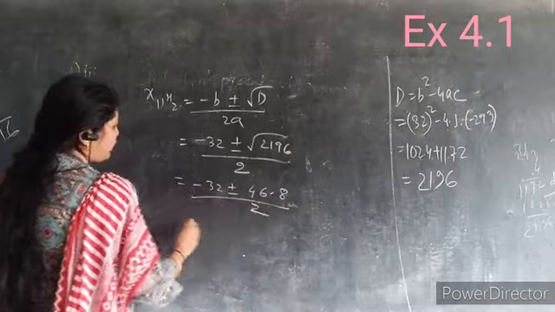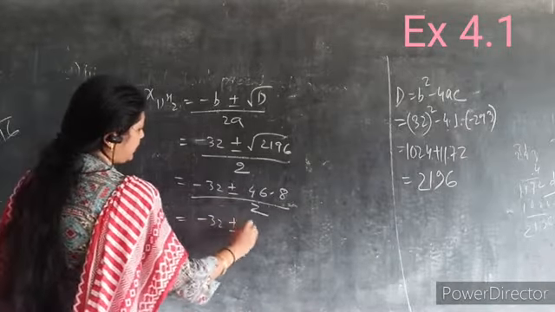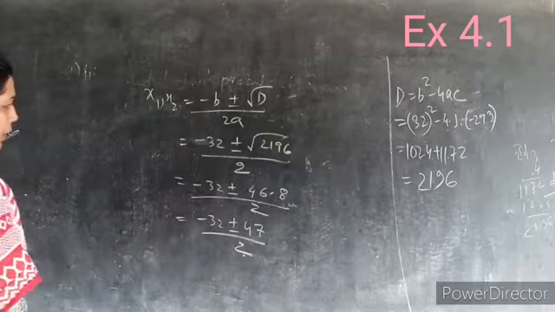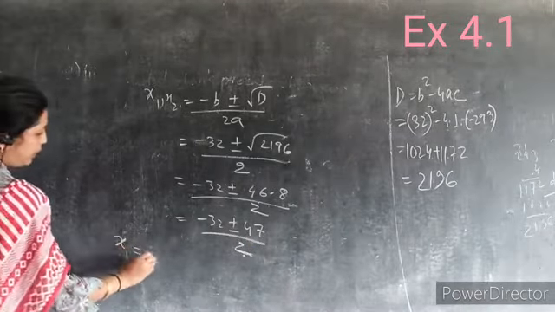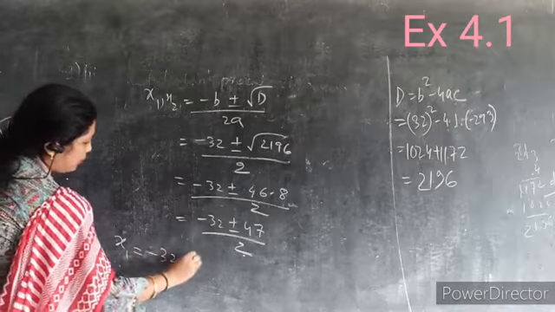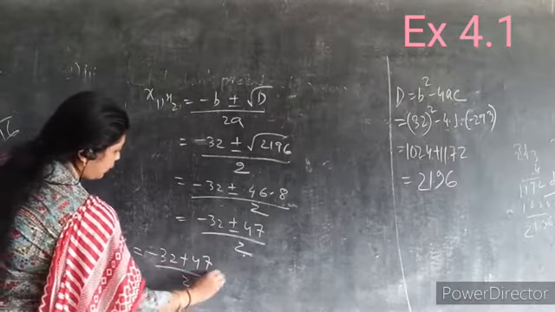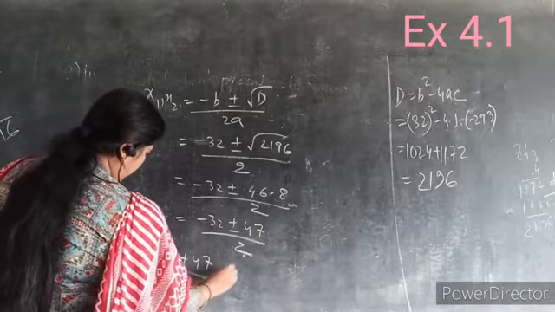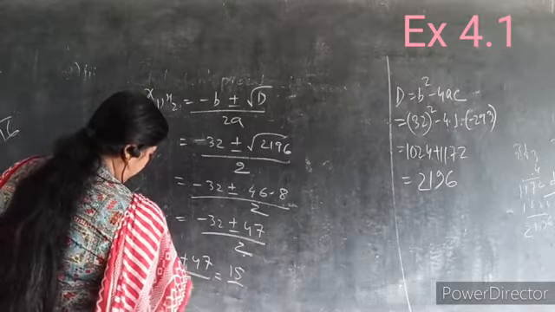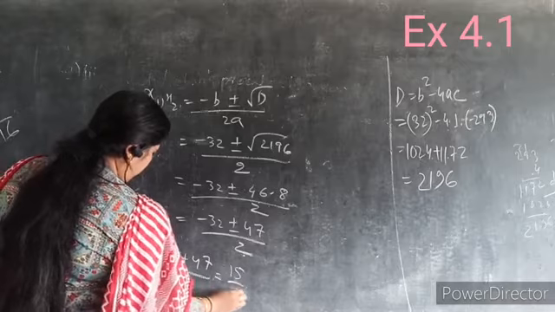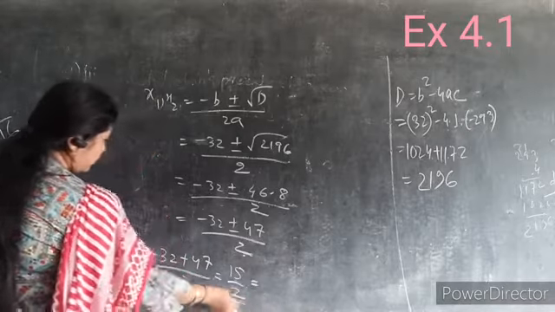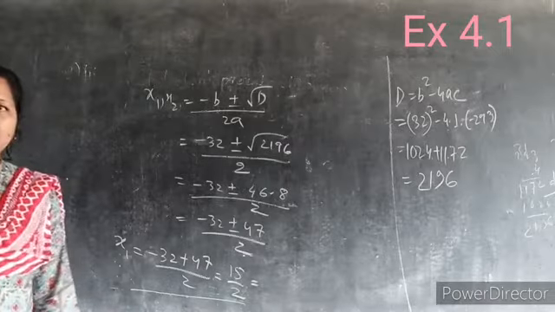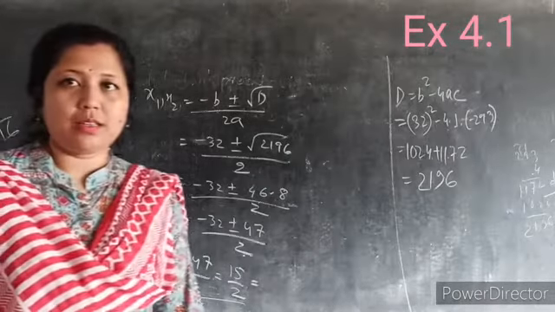So if I take the approximate value, I can take this as 47 by 2. Okay, so one root will be minus 32 plus 47 by 2, that is 15 by 2. So here if you see, you are not getting the answer to this question, is not it?